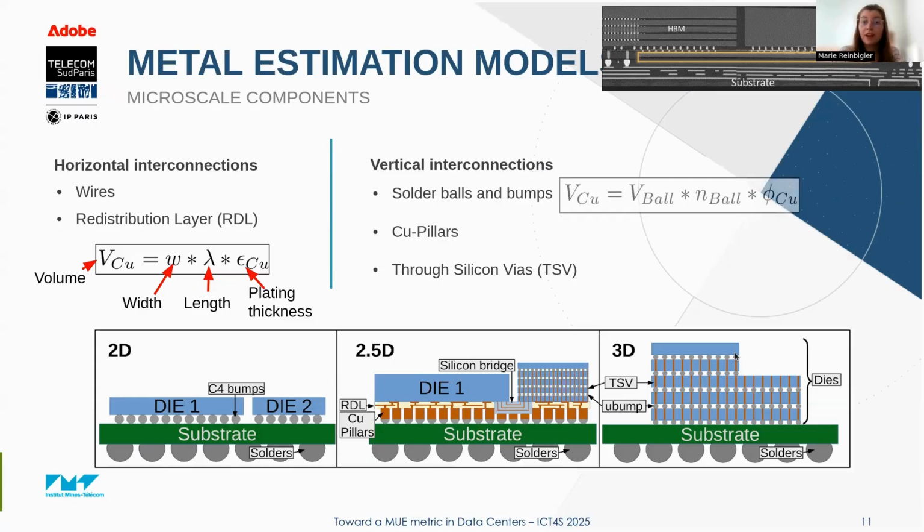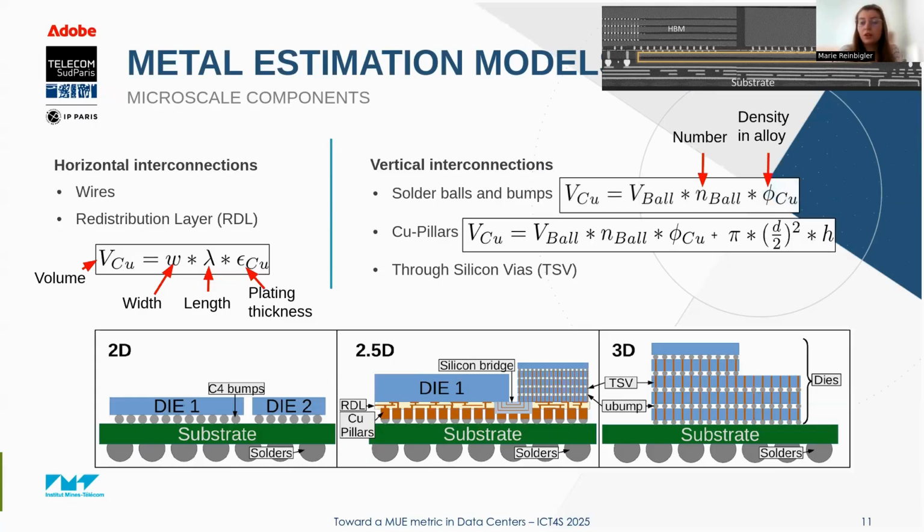And so to estimate their copper content, we again consider their geometrical shape, the plating thickness. And it leads us to the volume estimation, and this can be found in the paper in more detail.